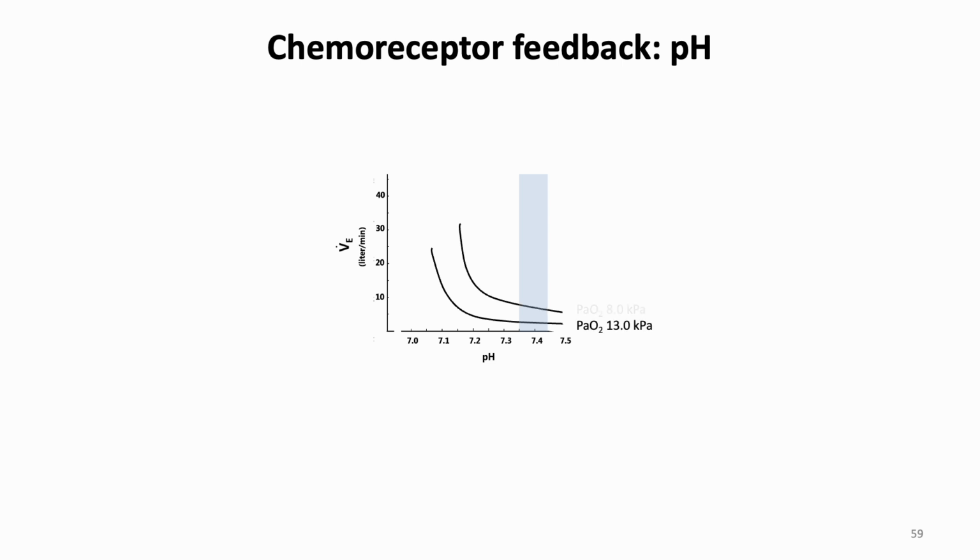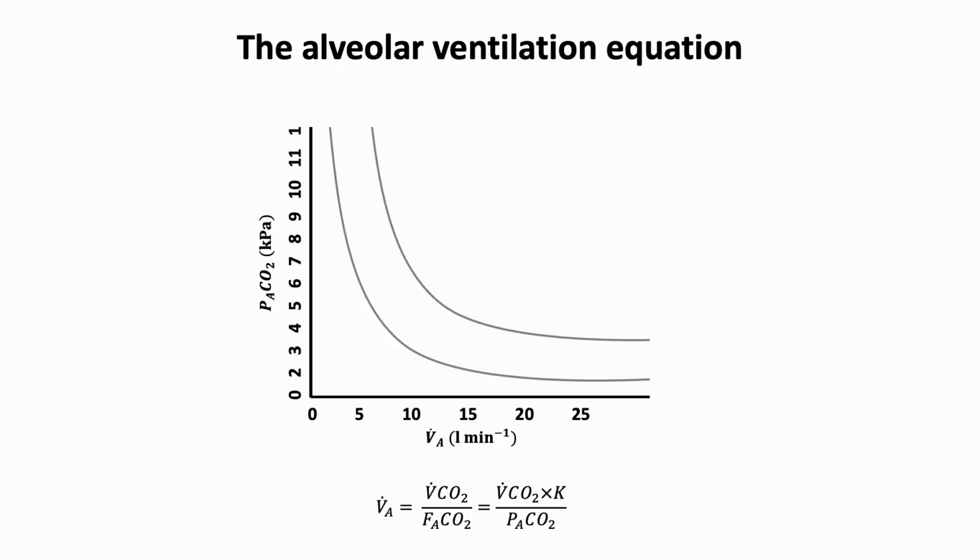This changes if the patient is, for example, concurrently hypoxemic, but pH per se is not a strong stimulus for ventilation. So together, this shows that PaCO2 is the single most important stimulus of the three under normal physiological circumstances.